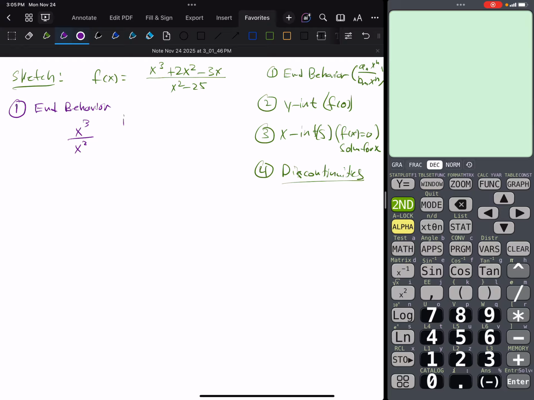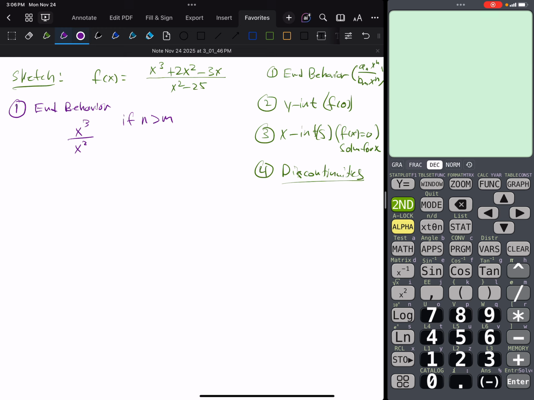We said that if my n is greater than my m, my numerator's power is greater than my denominator's power, that left us with unbounded growth, because the number of pieces is growing faster than the size of the pieces. And so that means that we're headed towards infinity or negative infinity as far as our end behaviors go.